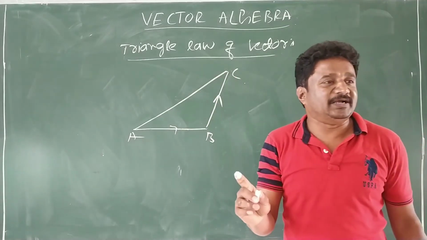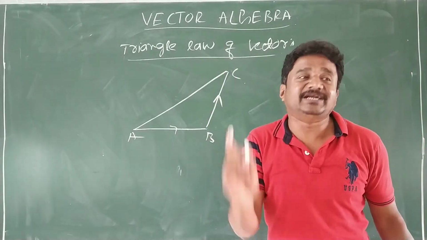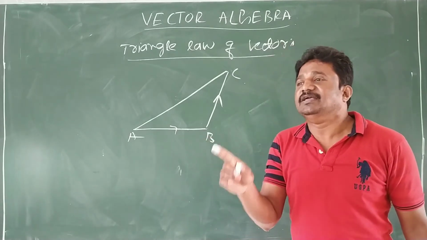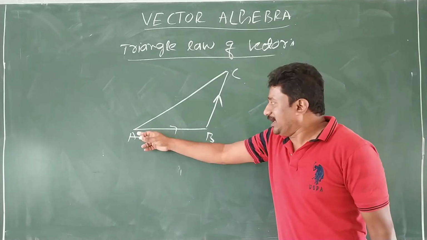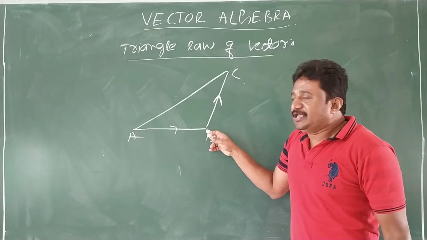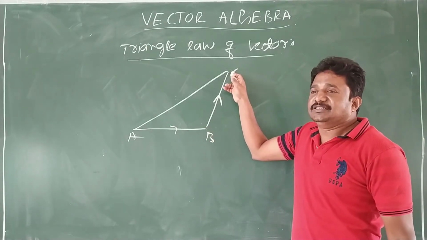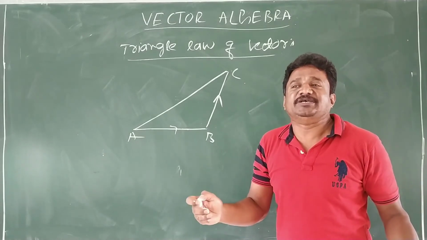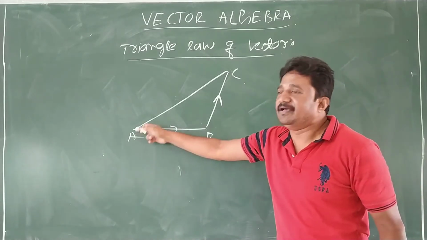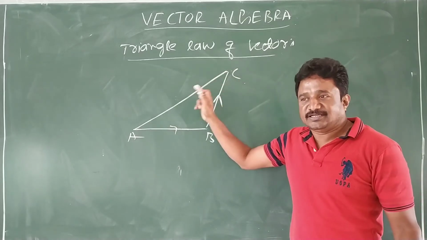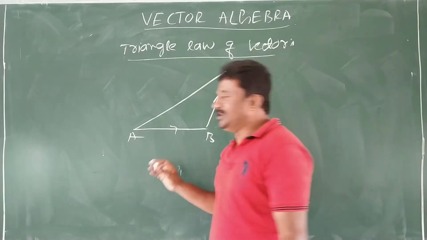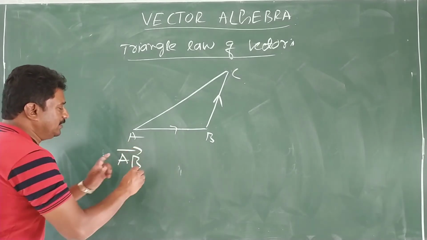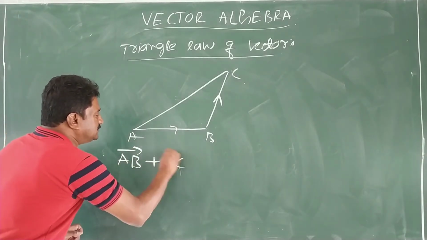Resultant, or net displacement. Net means resultant. If a monkey travels from A to B, then from B to C, the net displacement or resultant displacement is from A to C. We write that as vector AB plus vector BC.